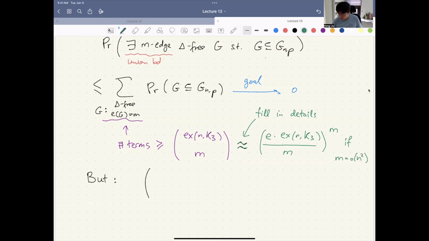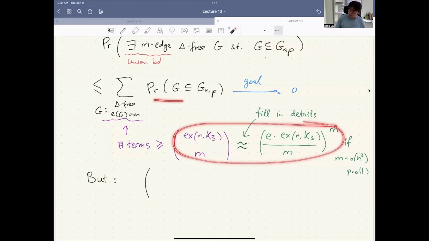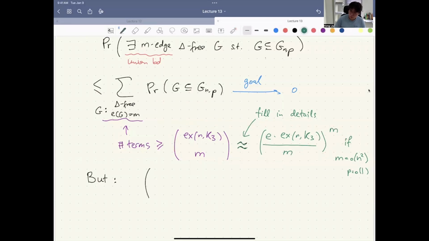Or in other words, our p is little o of 1. This is the range. If this is the case, then to have this, we must have this term times this probability tending to 0. So let's compute what this is.